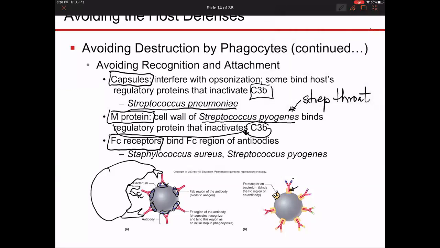And now the variable region is what is facing out. That antibody in that way is not functional.